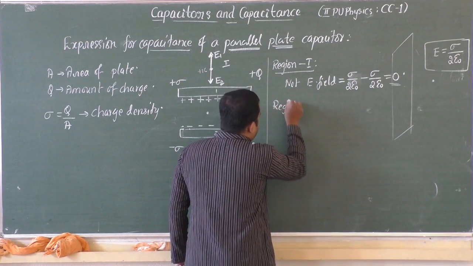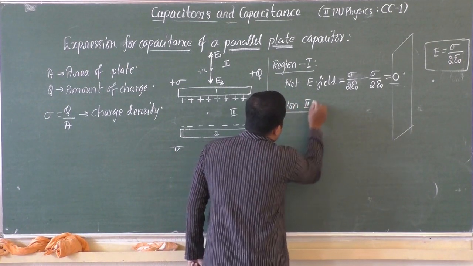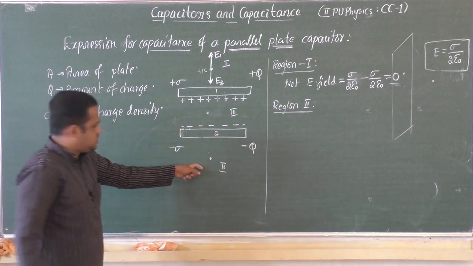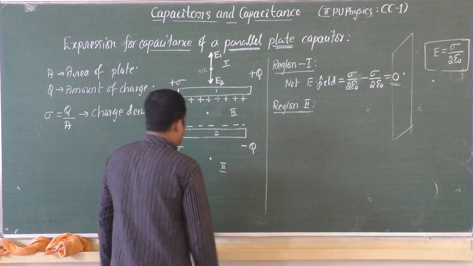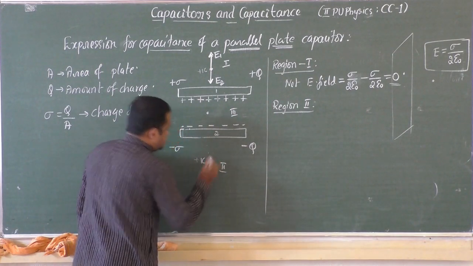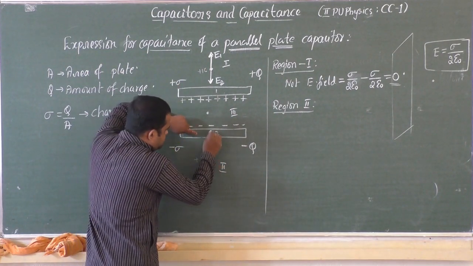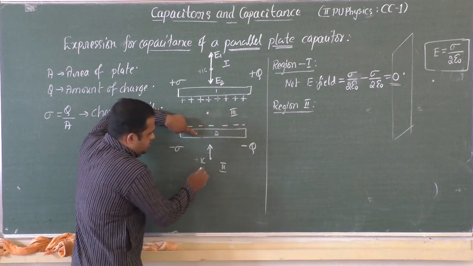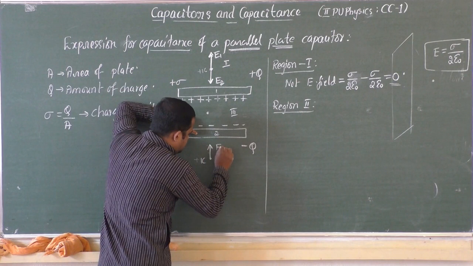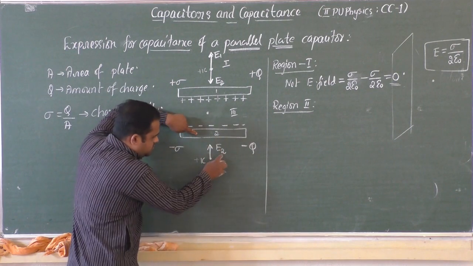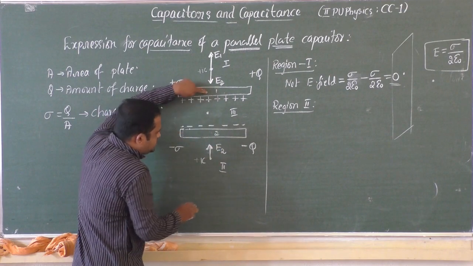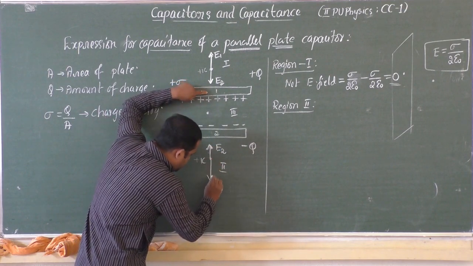Let us consider the region 2, at a point outside the capacitor near the negatively charged plate. If I place a unit positive charge here, this negatively charged plate will attract the positive charge in this direction, so E2 is directed towards the negatively charged plate, whereas the other plate will repel the unit positive charge.